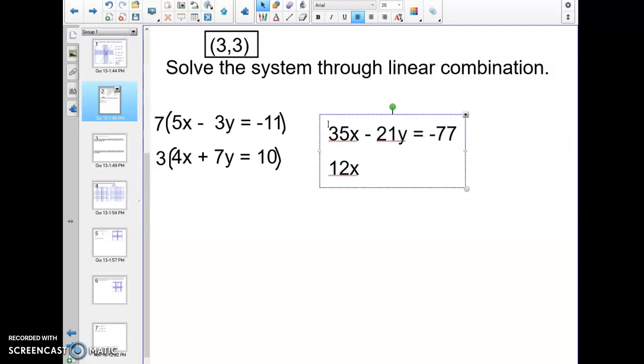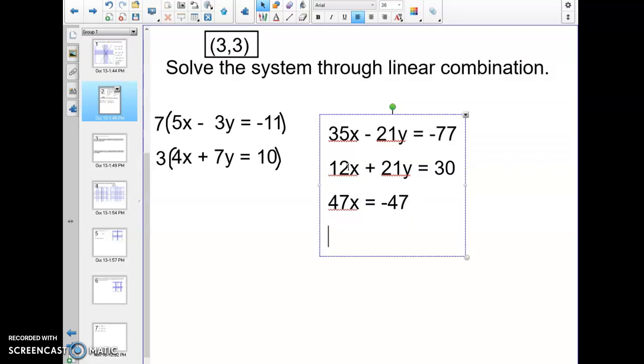On the bottom, I get 12x plus 21y, which is nice, the y's will cancel, equals 30. Now, when I combine my like terms here, I end up with 47x, the y's cancel, and I'm left with negative 47.